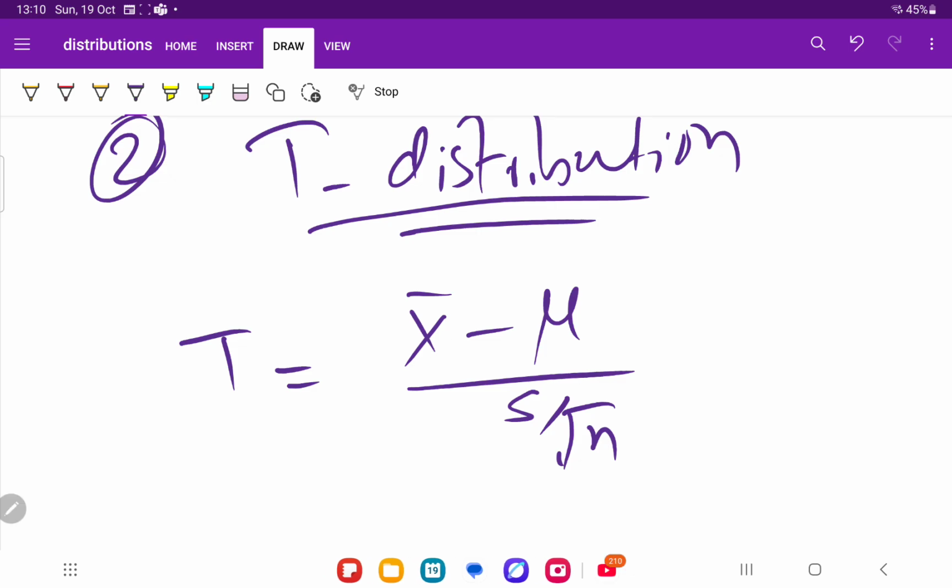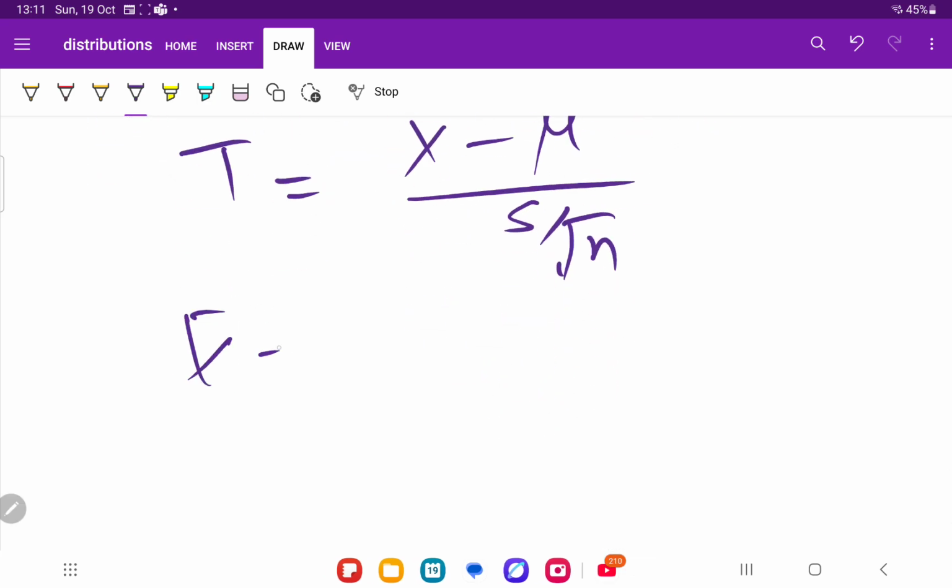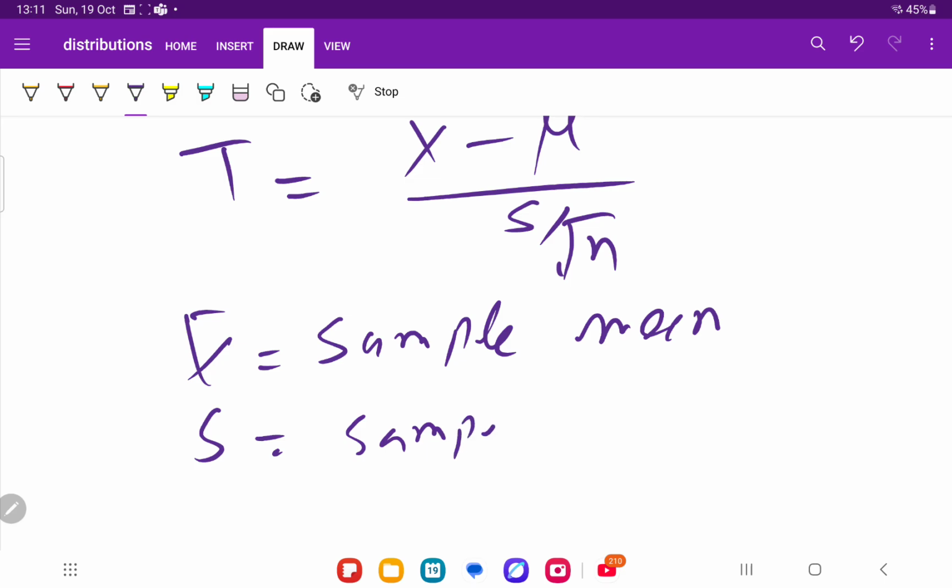X bar is the sample mean, and S is the sample standard deviation.